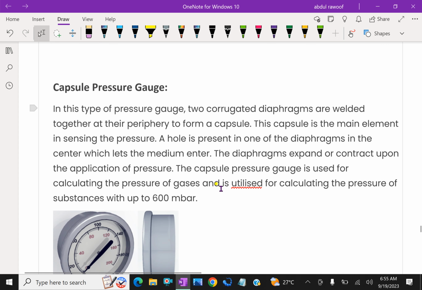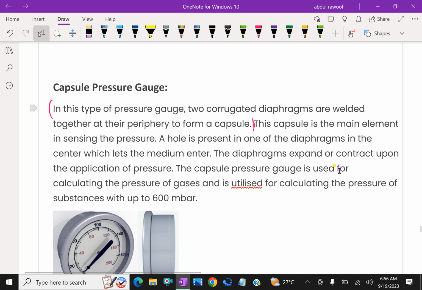Capsule pressure gauge. In this type of pressure gauge, two corrugated diaphragms are welded together at their periphery to form a capsule. This capsule is the main element in sensing the pressure. A hole is present in the center of one of the diaphragms, which lets the medium enter.